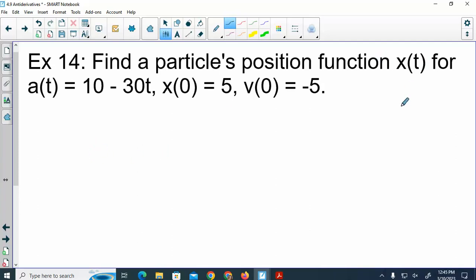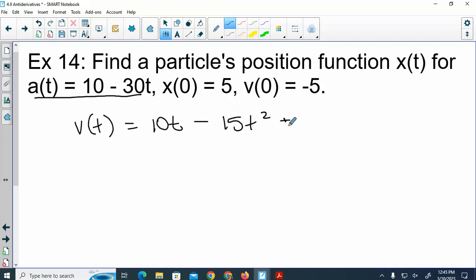So I want the position function, and I gave you acceleration. So what do we have to do to acceleration? Yep. When you do the antiderivative the first time, what am I going to get? Velocity. Okay. So the antiderivative of 10 is 10t, the antiderivative of 30t, plus c.